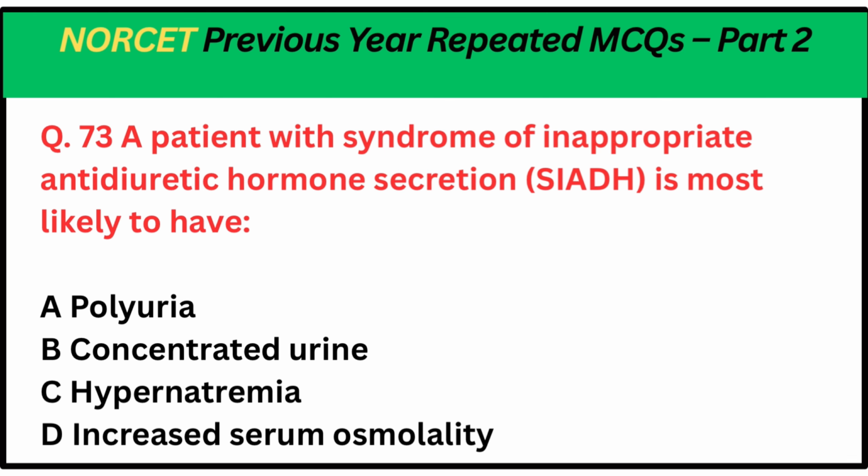A patient with syndrome of inappropriate antidiuretic hormone secretion or SIADH is most likely to have... Your correct option is option B, concentrated urine. Moving to the next question, question number 74.